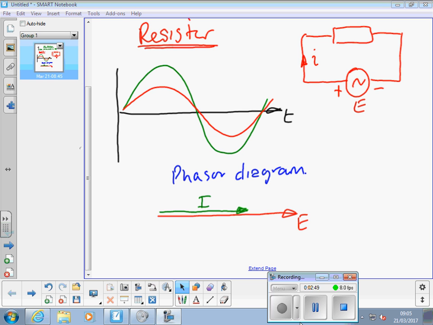It should be in line with each other, but I've just drawn it slightly out so you can actually see it. There's no angle between them.